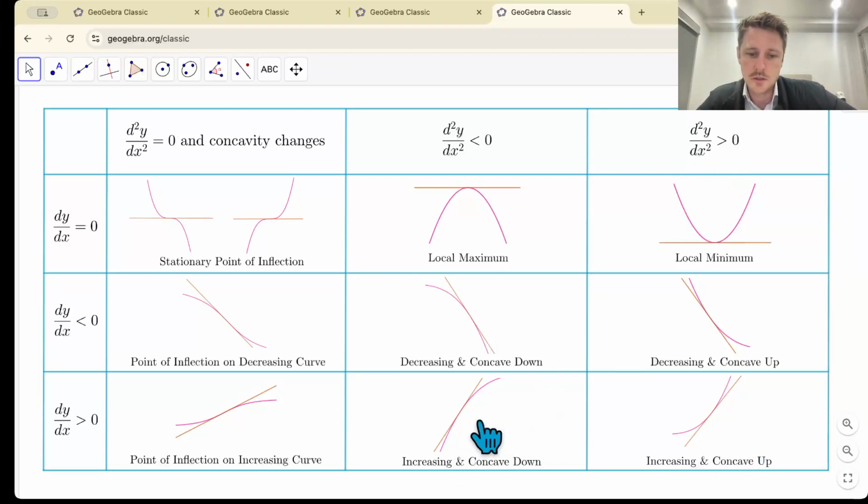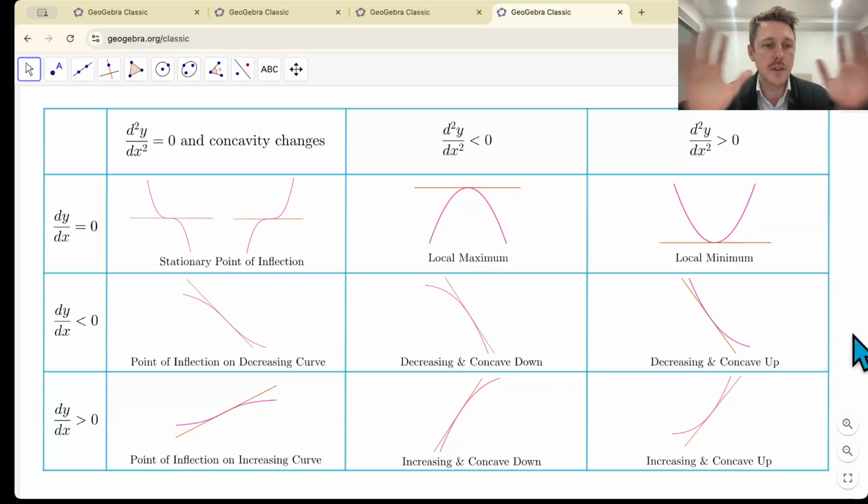And the other two scenarios obviously as well. First derivative is positive, so the function's increasing, tangents are always positive, but it's concave down. And finally, the function is increasing and it's concave up because the second derivative is positive. Anyway, I'm probably not explaining it very well, but hopefully that makes some sense.